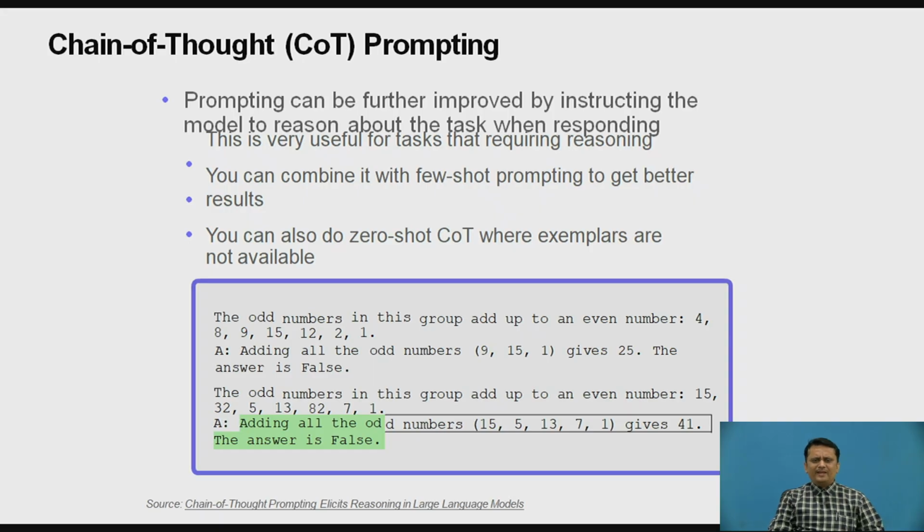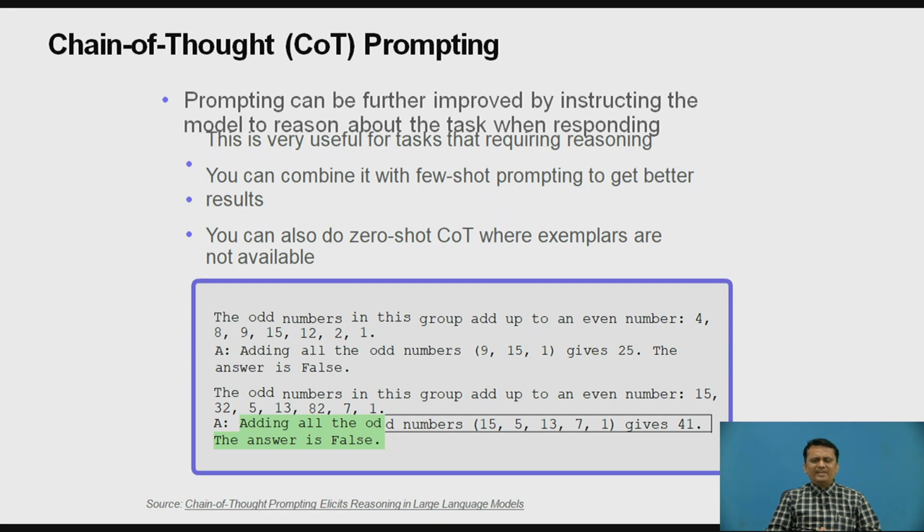Now another approach is chain of thought prompting. Here in this chain of thought prompting approach, the approach to answer this particular problem is given as part of the prompt.